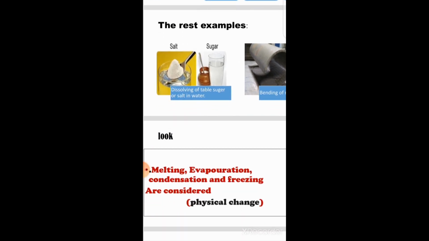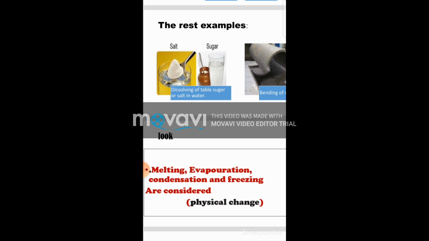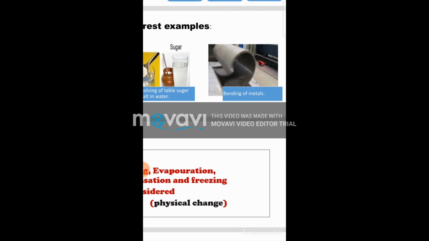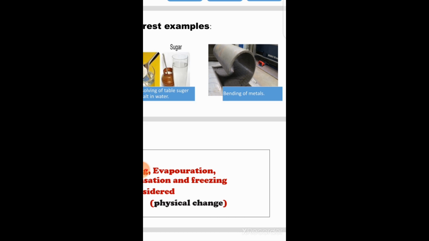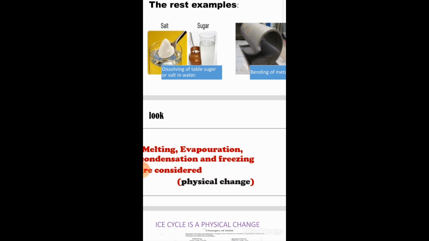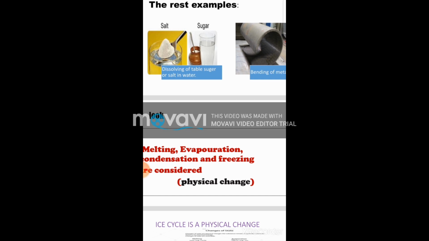And the rest of the examples: dissolving a tablespoon of sugar or salt in water. The last example, bending of metals. All these examples refer to physical change.